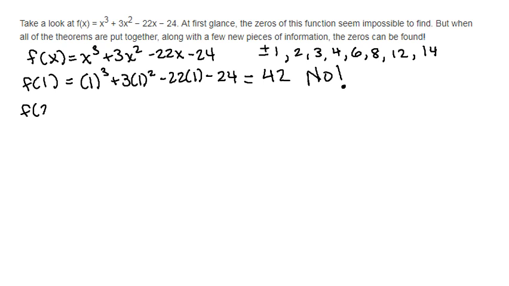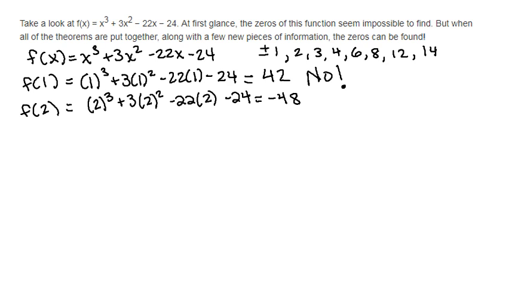Then we'll keep going. Let's try 2: 2 cubed plus 3 times 2 squared minus 22 times 2 minus 24. That goes into your calculator, and it comes out to negative 48. And nope, that is not a root because it didn't come out to 0.